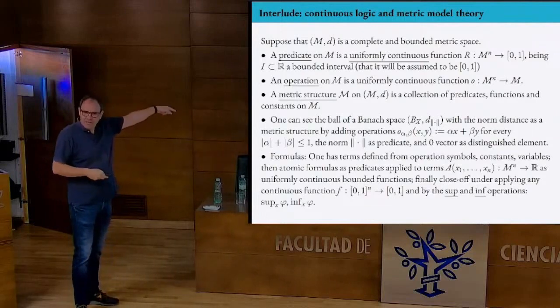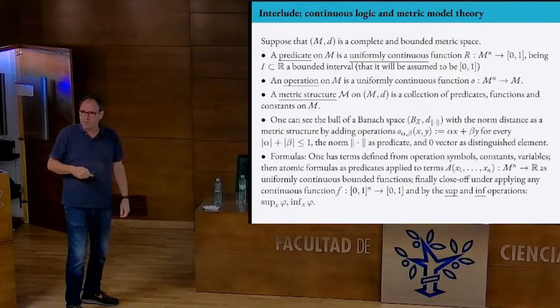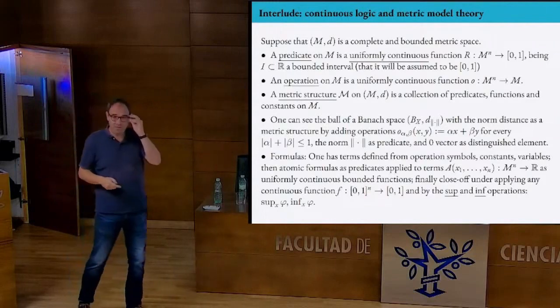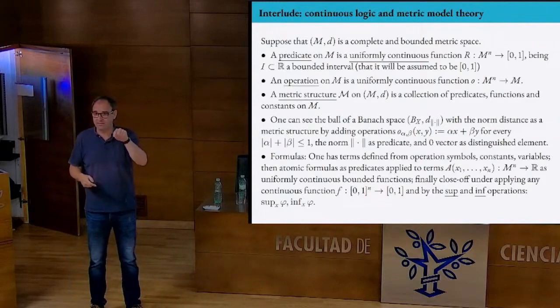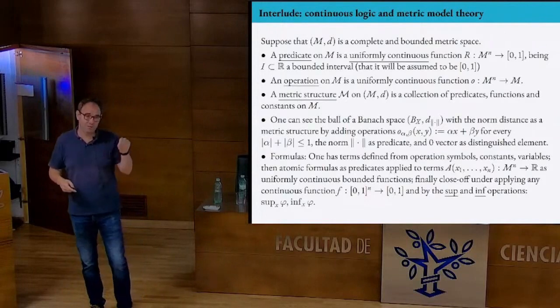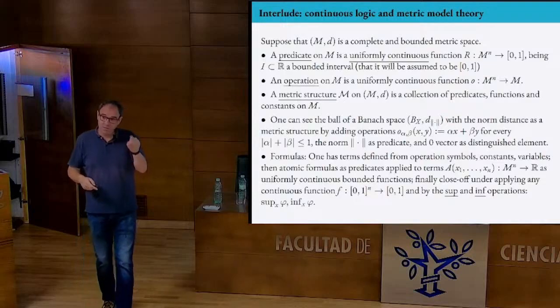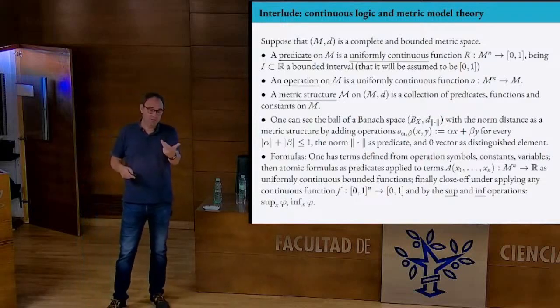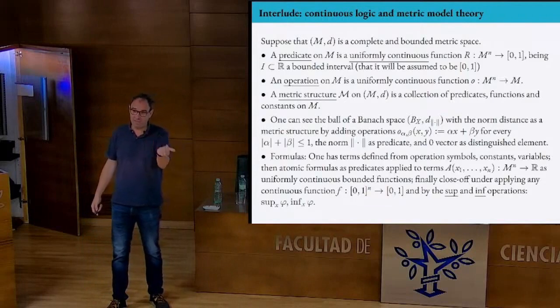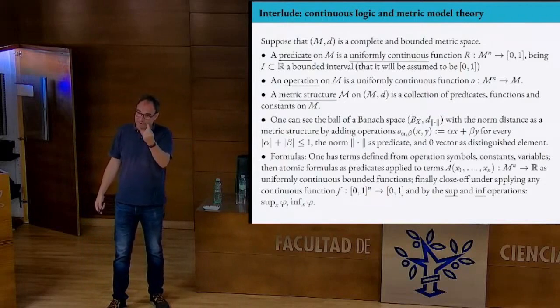I will give an example and you will see what kind of things you can do in there. And now, instead of having quantification for every x and exists x, you are doing sup over x and inf over x. Because now, when you want to know what a formula means, the interpretation is not a 0, 1 value, but a real number.